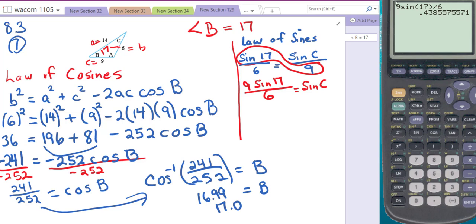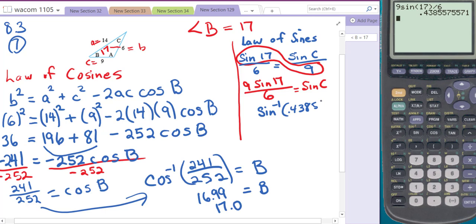That is giving me the sine of C, but I want C. So I'm going to go ahead. I want to do sine inverse of that value. I can write it 0.438557.